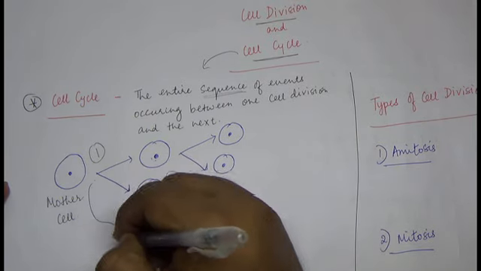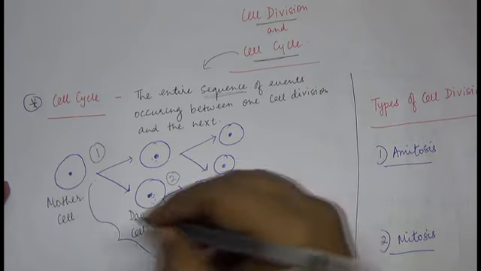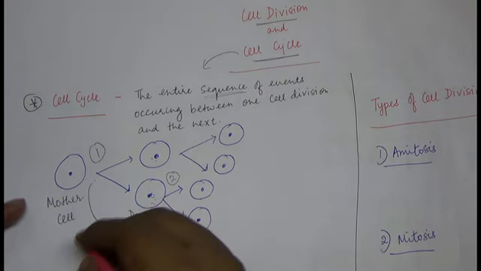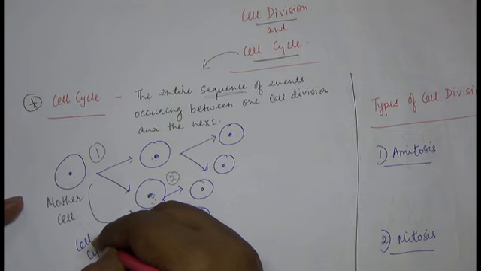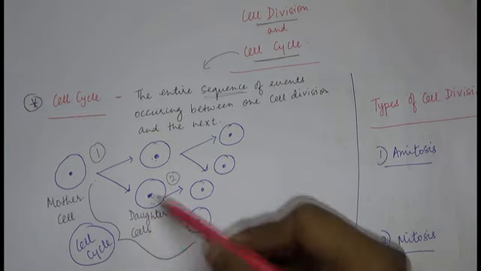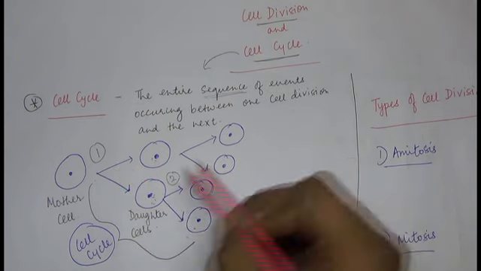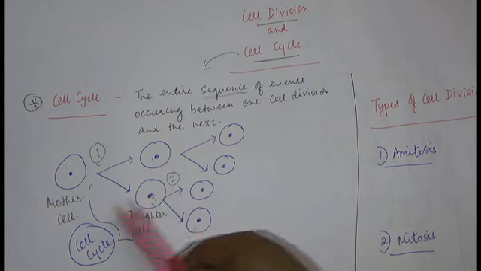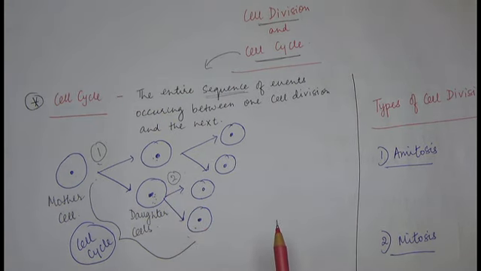The entire sequence of events which are happening between one cell division and the next will be called the cell cycle. Okay, so the entire sequence of events occurring between one cell division and the next is called the cell cycle.